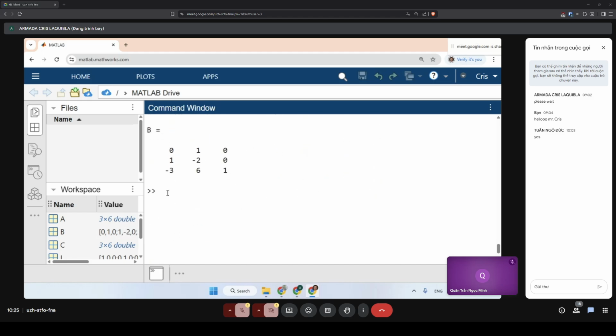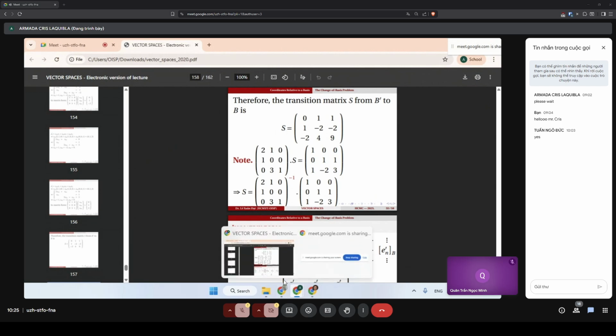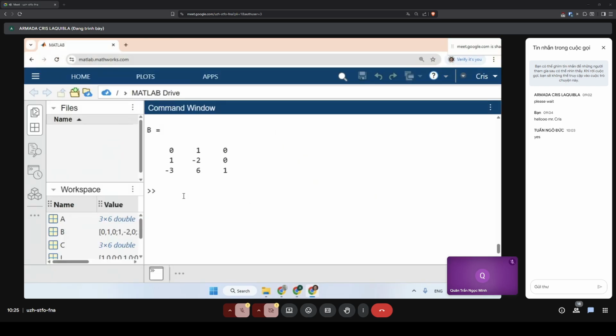We multiply it with our B prime. The B prime is this, right? 1, 0, 0, 0, 1, 1, and 1, negative 2, 3. So for B prime, we can just use V, okay? Because we cannot use B prime here.